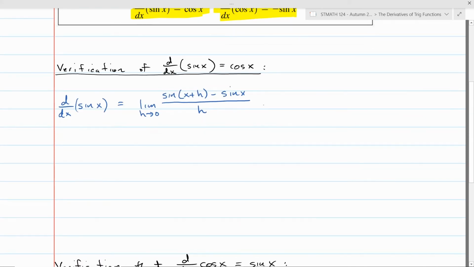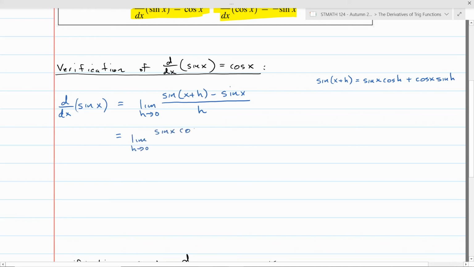And then next, I'm going to use this identity that says sine of x plus h would actually be equal to sine x cosine h plus cosine x sine h. That's called the sum of angles identity. So if I apply that here, I'll have the following.